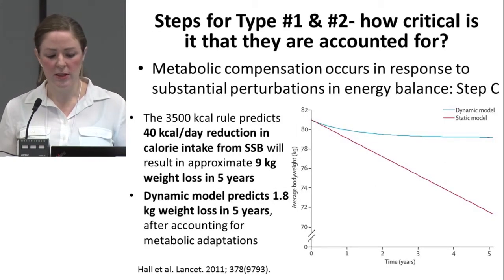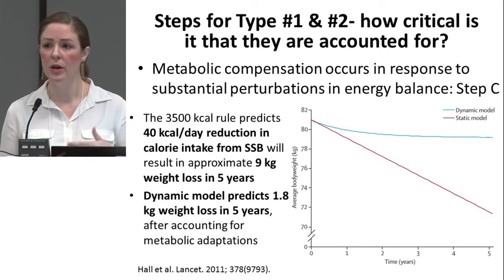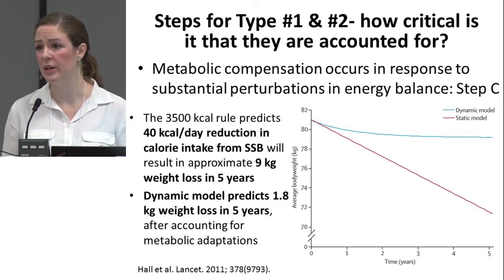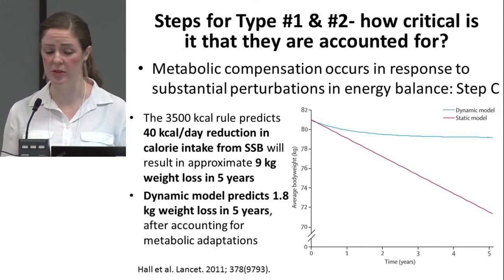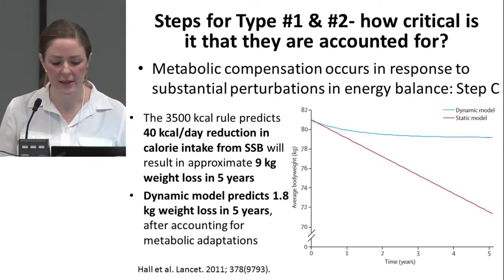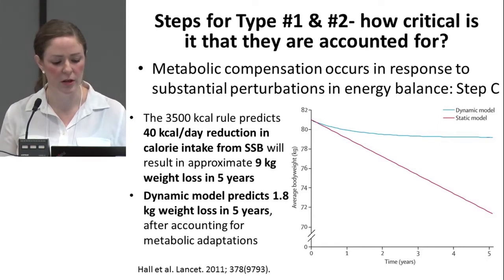But when we compare what the 3,500 calorie rule would predict in response to a 40 calorie reduction in sugar-sweetened beverage intake from a sugar-sweetened beverage tax, the red line there is the static model, the 3,500 calorie rule prediction.